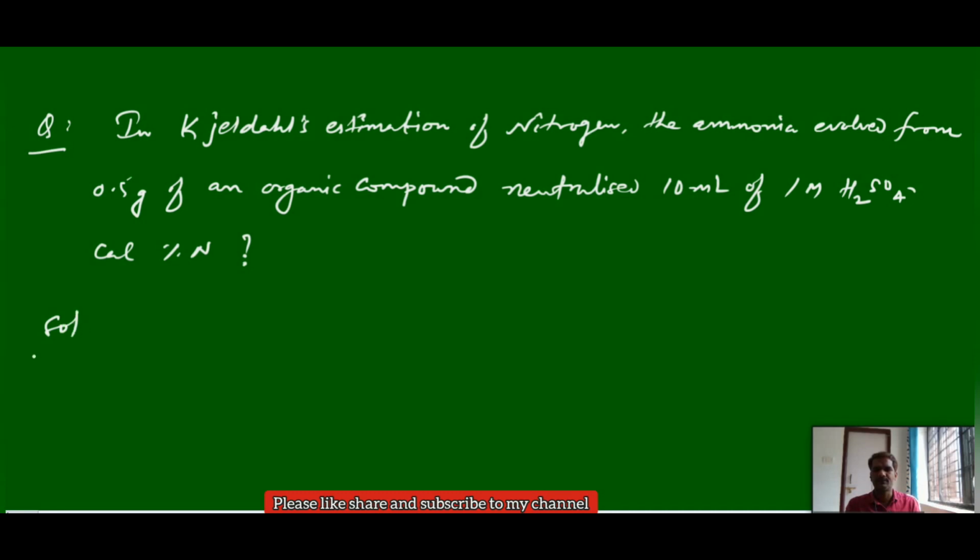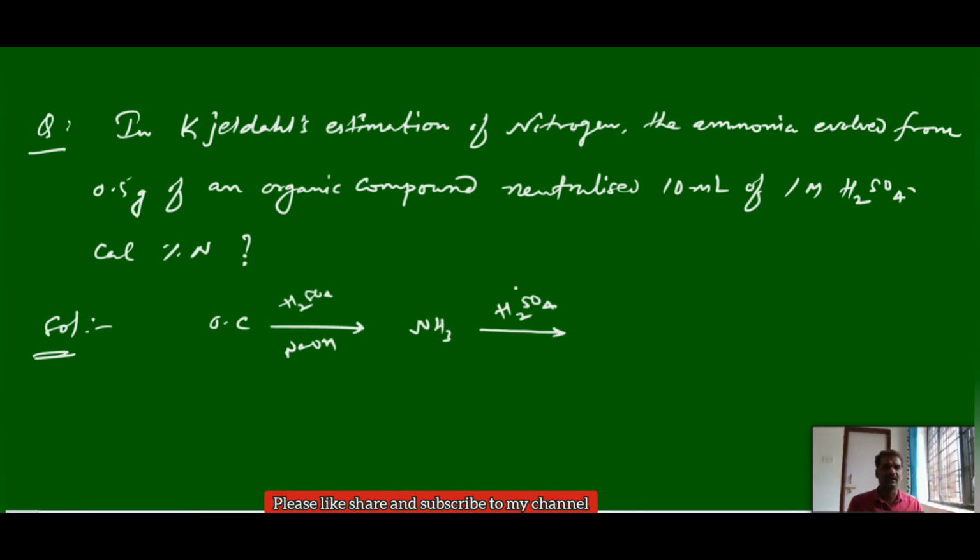In the Kjeldahl method, the organic compound, if you treat with first sulfuric acid and followed by sodium hydroxide, can give ammonia finally, and this ammonia is further neutralized or titrated using H2SO4.